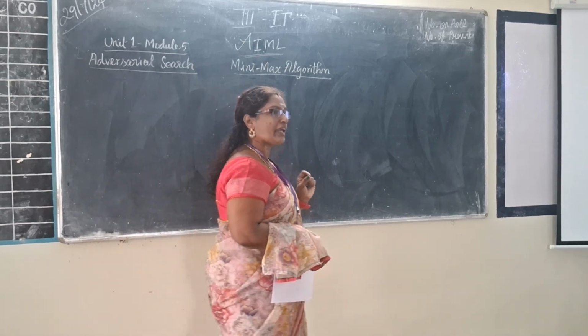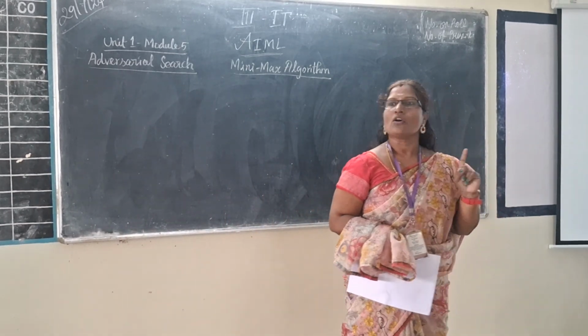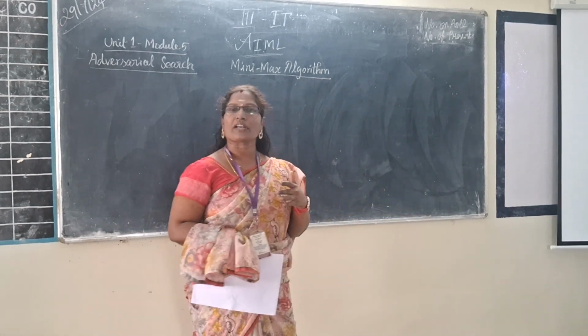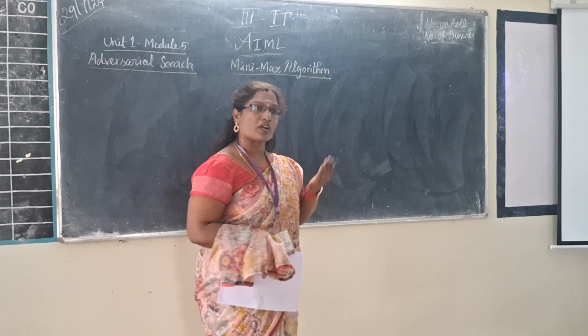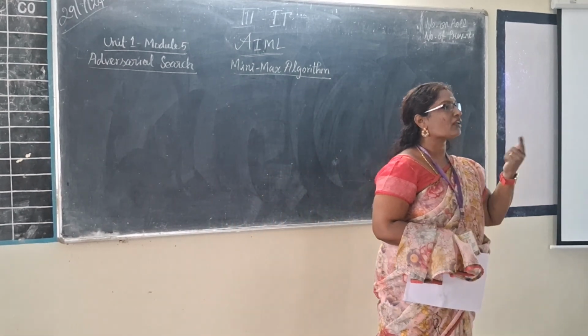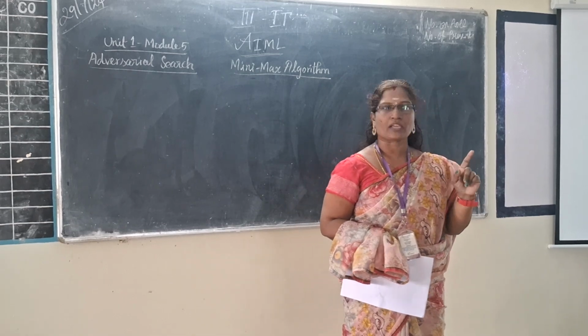When we say single agent, in the search space there will be only one agent, like your vacuum cleaner or autonomous car, or it may be any game where one will be the AI and the other will be the human, which means only one agent was playing a role.